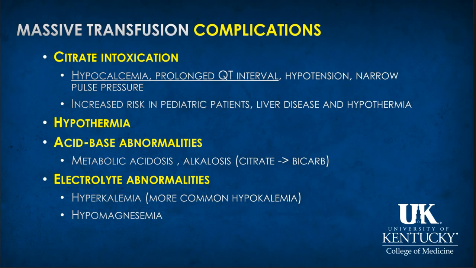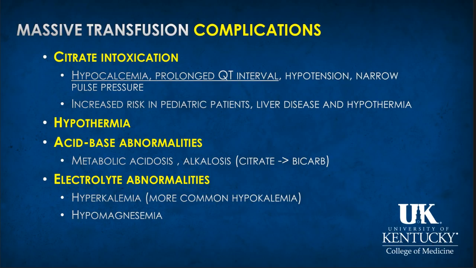Massive transfusion itself can cause hypothermia, as some of you may have encountered in trauma patients. You don't have enough time to warm up the blood components you're transfusing through your warmer to get it up to body temperature.